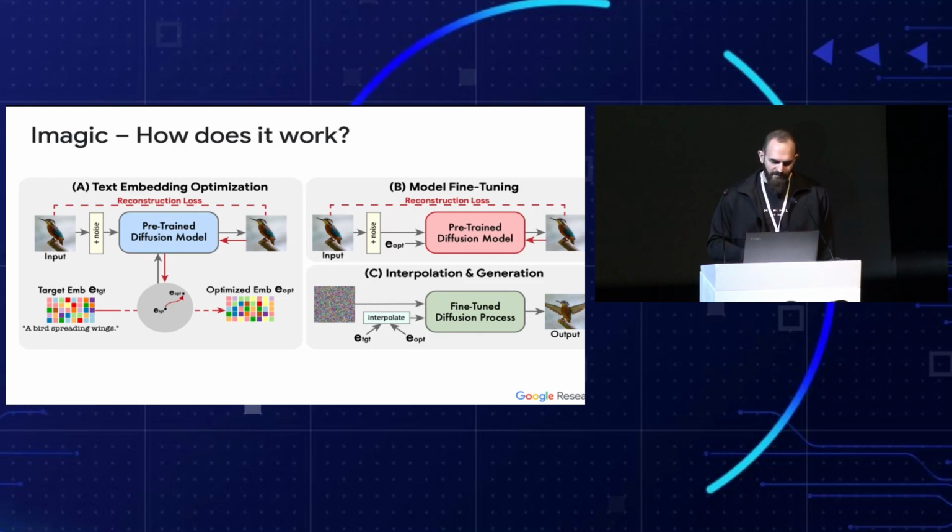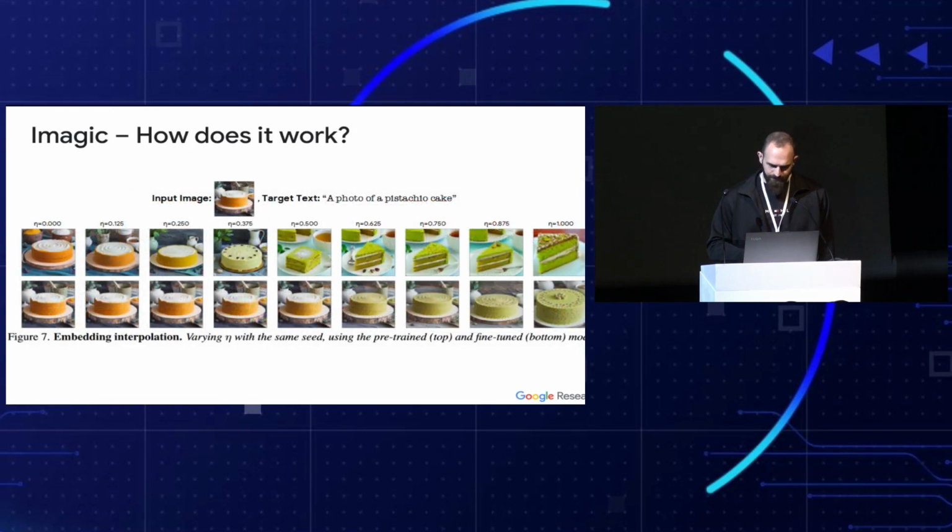Okay, so just one thing about the interpolation. In order to linearly interpolate, we need to know how intensely to go between the optimized embedding that represents the image and the target text embedding. If we look here, we have this cake image that we want to turn into a pistachio cake. If you look at the bottom row, you can see the image as a function of the interpolation parameter. As we increase it, we go more towards a pistachio cake, more towards the text, and less towards the original image.